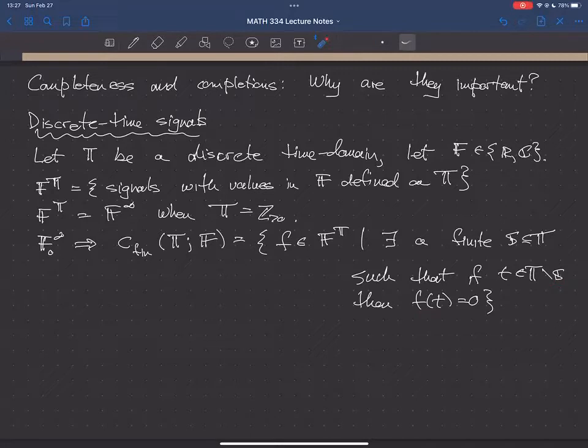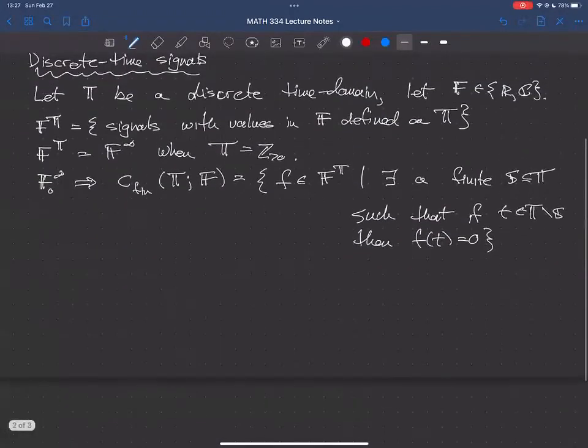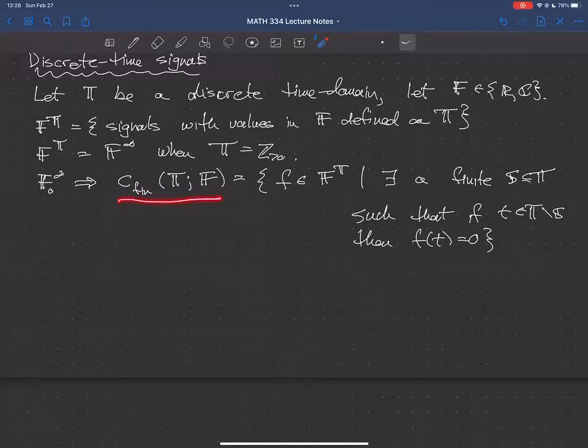This is exactly, of course, analogous to this guy. That's the first collection of signals that I can talk about. Based on what we did with sequences, we might expect that this space generally is not complete, and we'll say exactly when it is complete in a second.